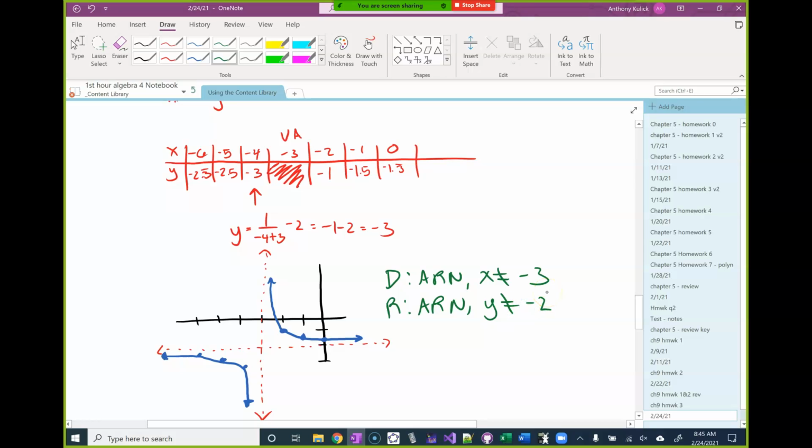Hopefully this topic is not too bad. This usually goes pretty well for students, as the procedure is pretty familiar. If you can find the vertical and horizontal asymptotes, the rest of it is pretty similar to all the other graphing that we've done.